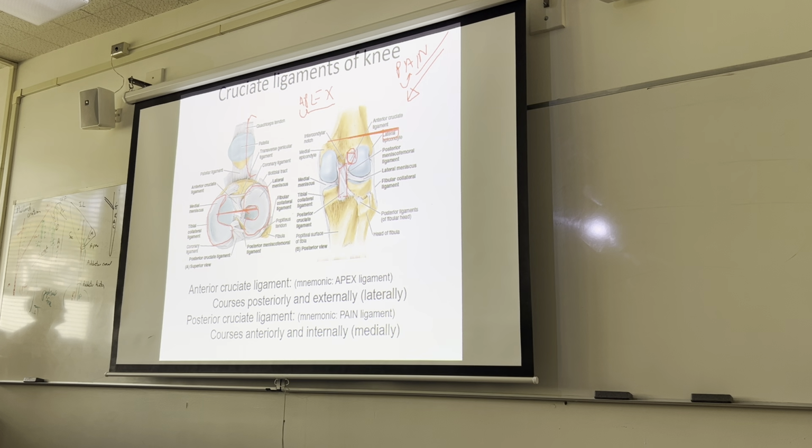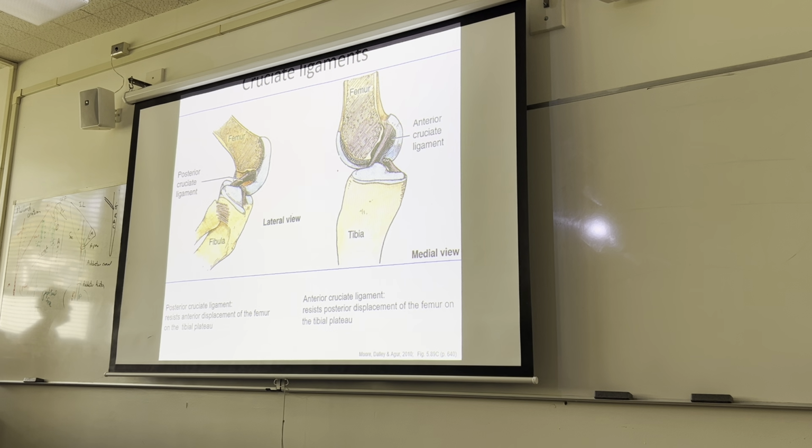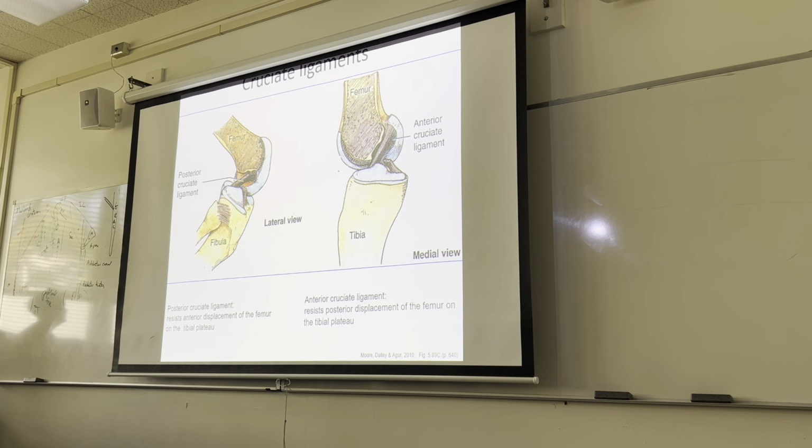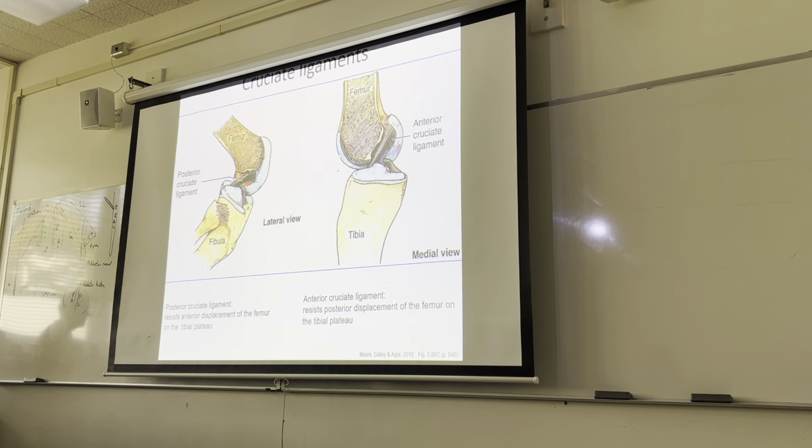So here we can see it beginning, and it's going to eventually head internally. Okay? And what these crossing cruciate ligaments are doing is preventing excessive anterior posterior displacement of the tibia with respect to the femur, or femur with respect to the tibia, however you want to think about it. Okay?